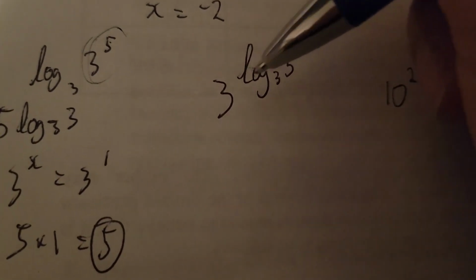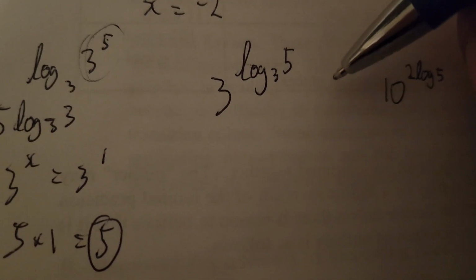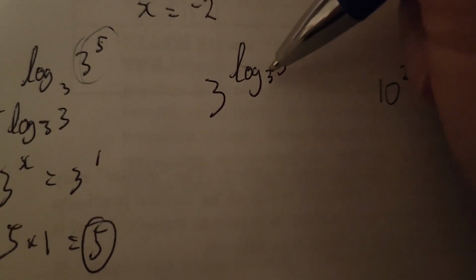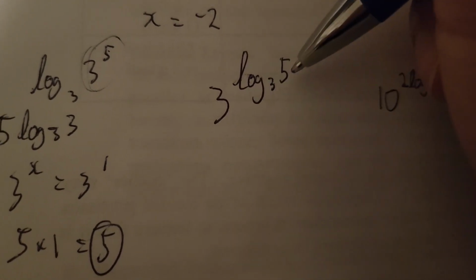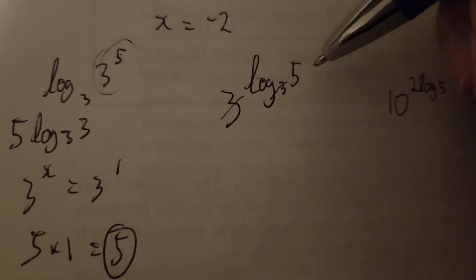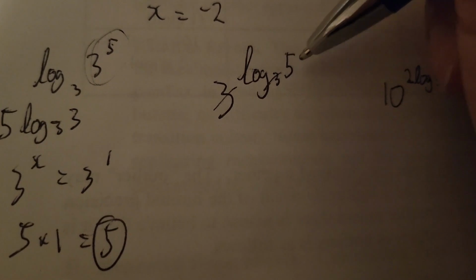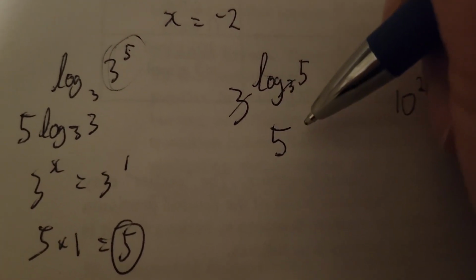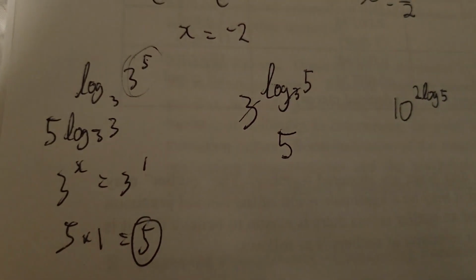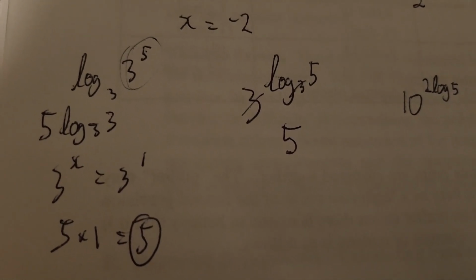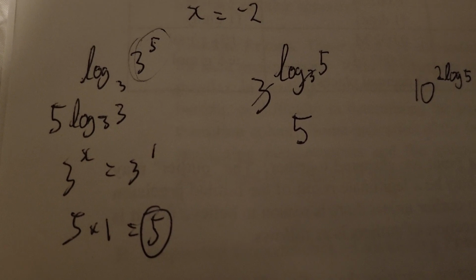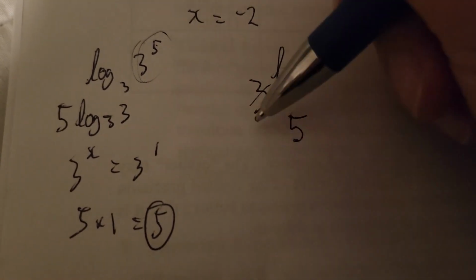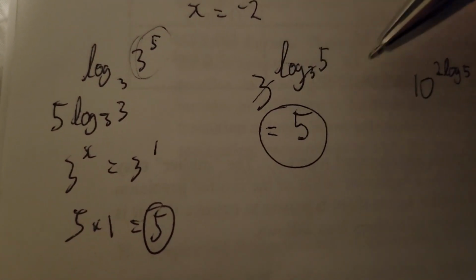Well, let's think about it. 3 to the 1 would equal 3, right? That's why they would just cancel. So they just do this, and all of a sudden, the 5 goes down here. I know that seems confusing, but this is just something you need to memorize, okay? So just memorize all of the log rules and it will make sense. So this would therefore equal 5.